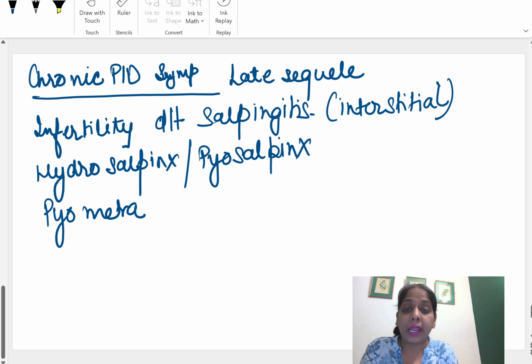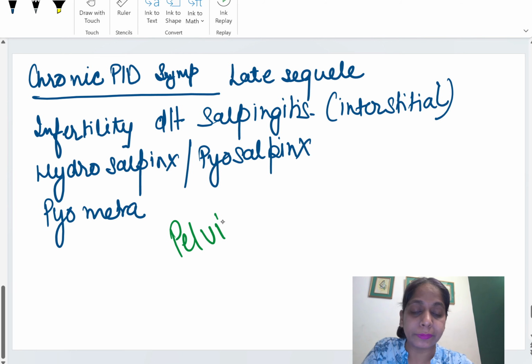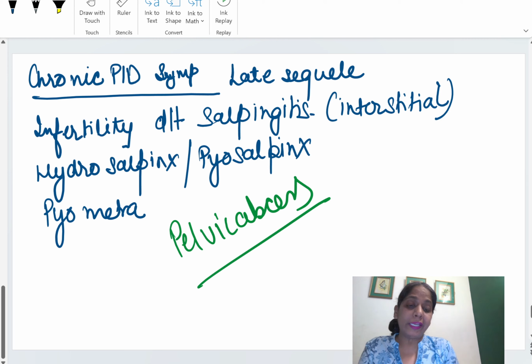Then there is formation of hydrosalpinx or pyosalpinx or pyometra, and pelvic abscess is also a late sequel. I forgot to mention it here; you just write down pelvic abscess. The late sequel of chronic PID is quite often asked.